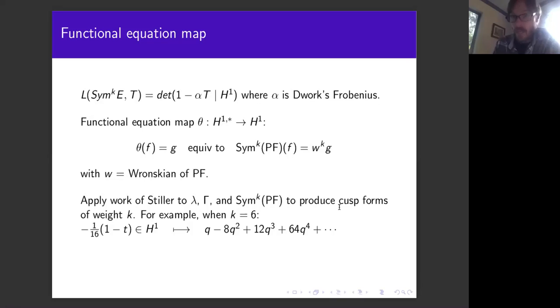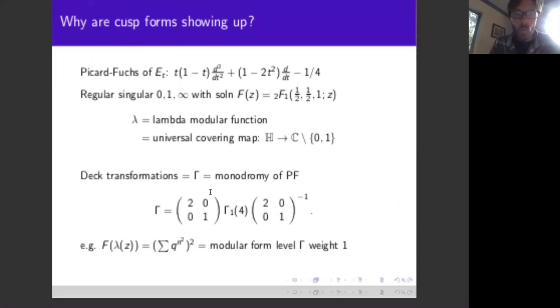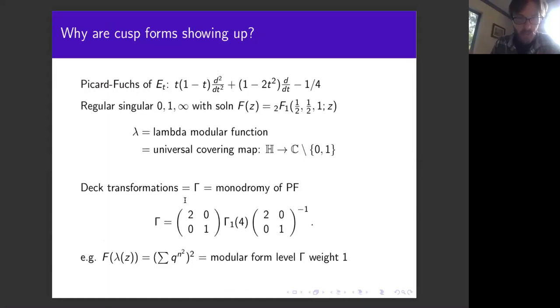And he gives you a way of doing that and why it works. I can't go into more detail because this is too much as it is. But basically, he gives you a way of going from the kth symmetric power of a differential equation to producing cusp forms. And again, this really only works when you have this special situation where the deck transformation group equals the monodromy group.